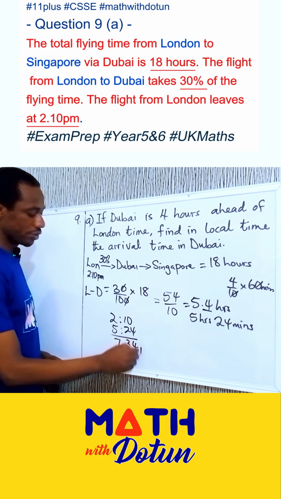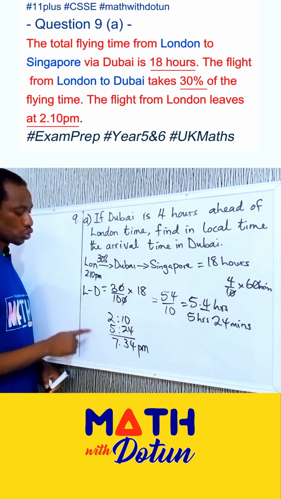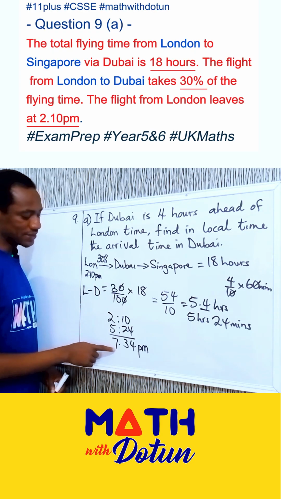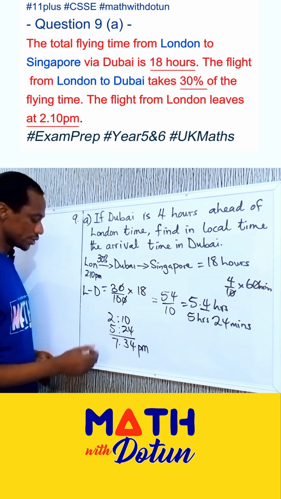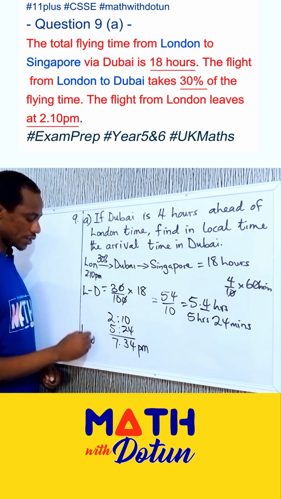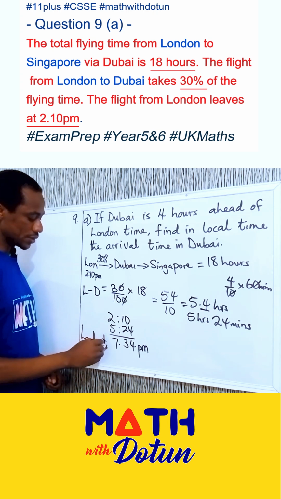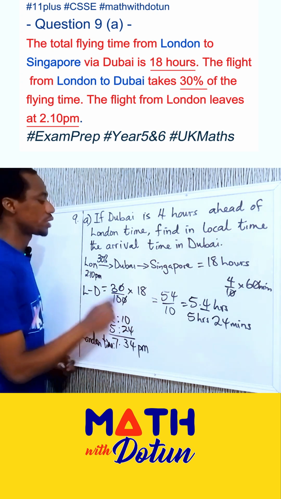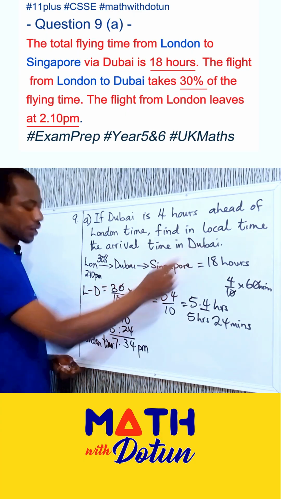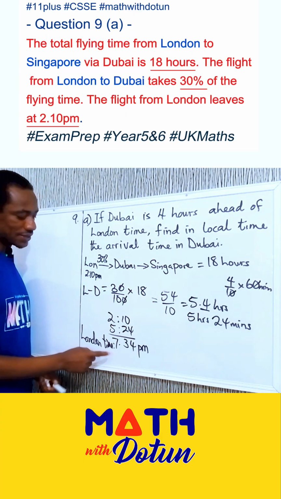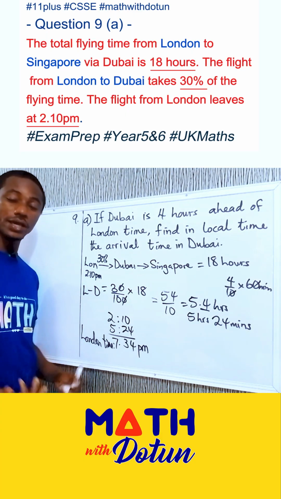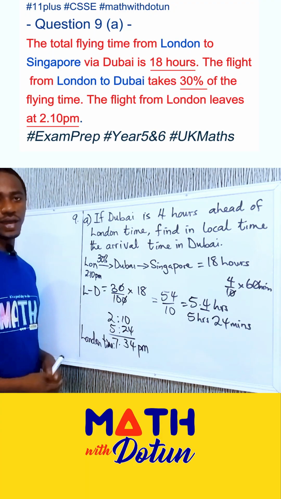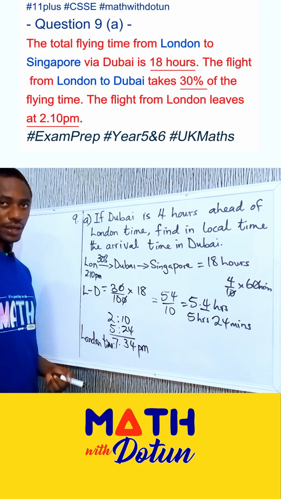So that means the plane got to Dubai at 7:34 London time. Remember, this is still London time, but we have to find in local time the arrival time in Dubai. So as at 7:34 p.m. in London, the flight has arrived in Dubai.